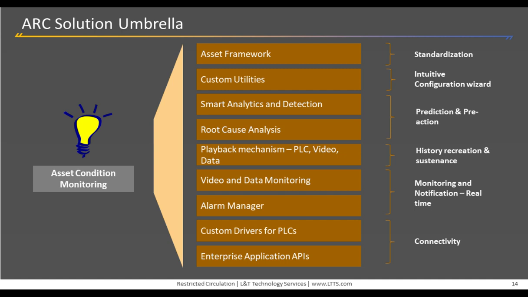So a typical asset condition monitoring solution that we look at is one where there is appropriate connectivity and we are getting the right data. It is not noisy data or incorrect data.